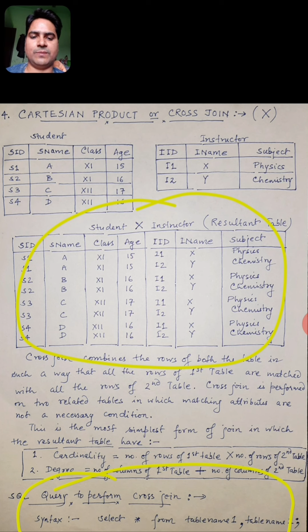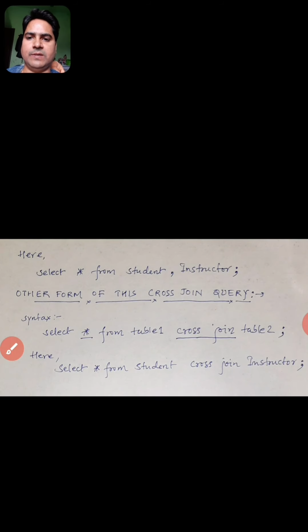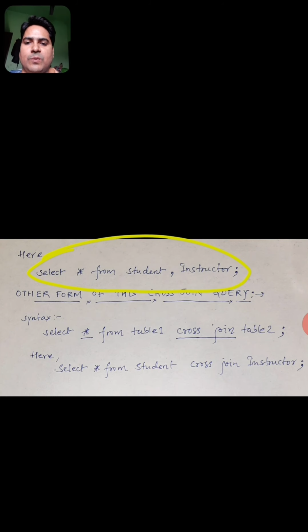Everything is selected from table 1 and table 2. When this query is passed on student and instructor, it is select star from student, comma instructor. It is clear? This is the simplest form.